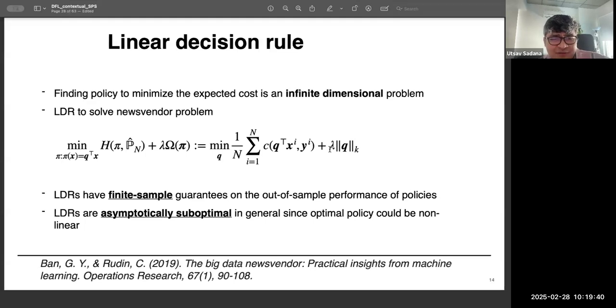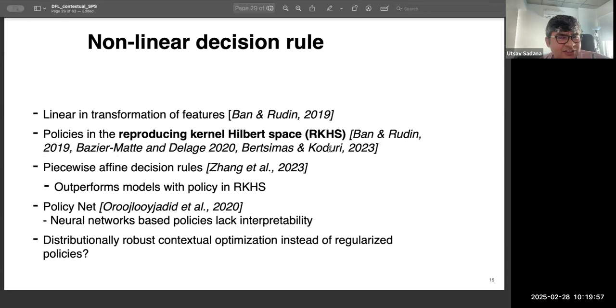However, there is a shortcoming of these linear decision rules: they are asymptotically suboptimal in general, because even if you have infinite data, these linear policies may not approximate the nonlinear policies. And this leads to what we call nonlinear decision rules.